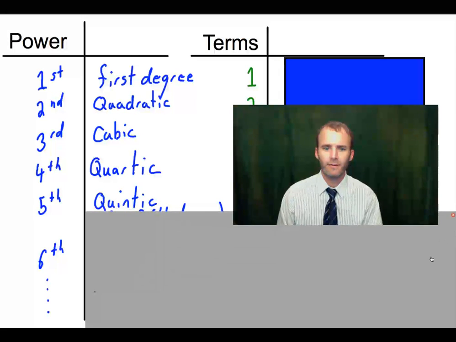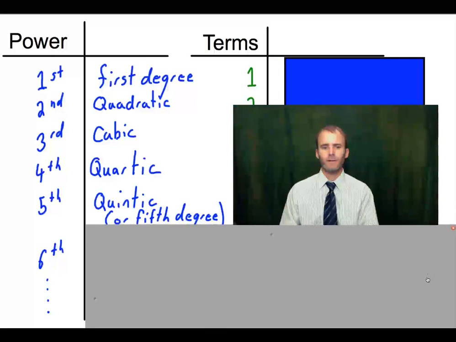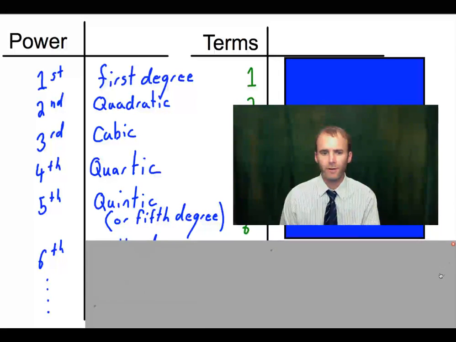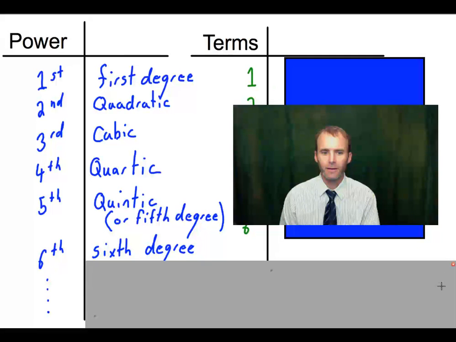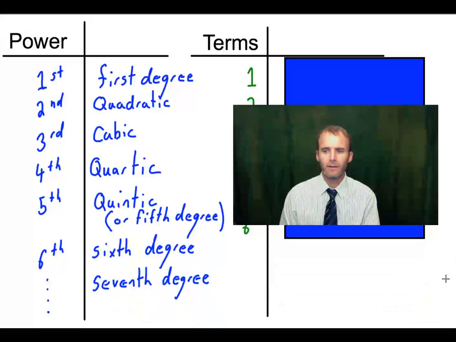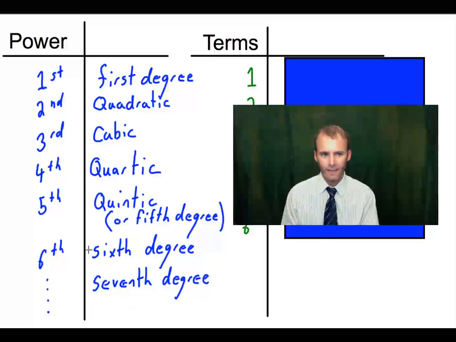And then when we get down to the fifth power, this is where I said that it's a quintic, but you can start calling it a fifth degree. And then we have 6th degree, 7th degree, and then it keeps on going. So for the powers, if it was 8 or 9, we would just say it's a 9th degree polynomial.